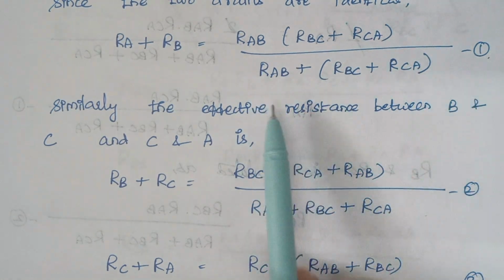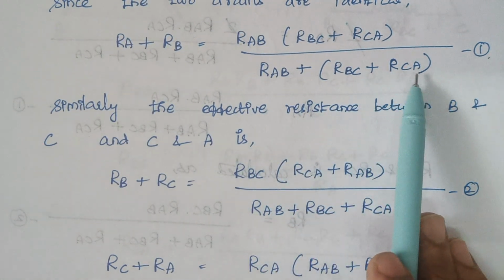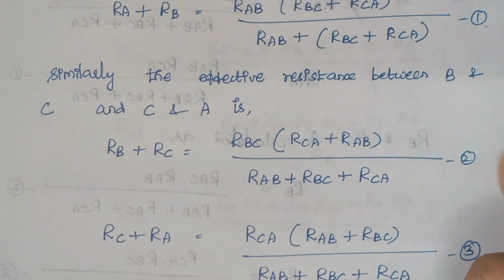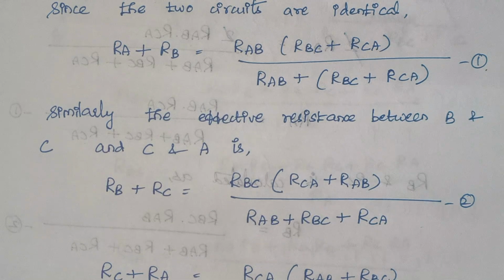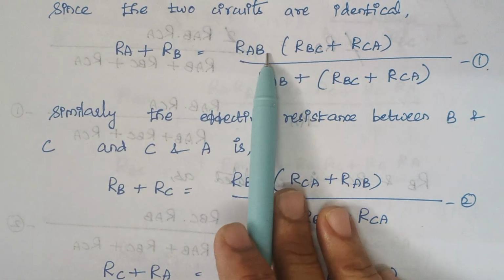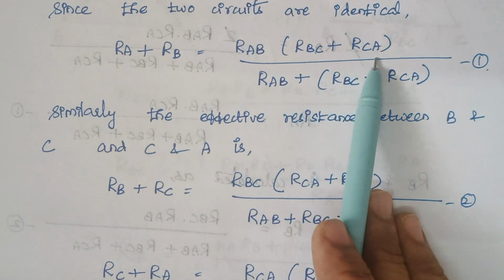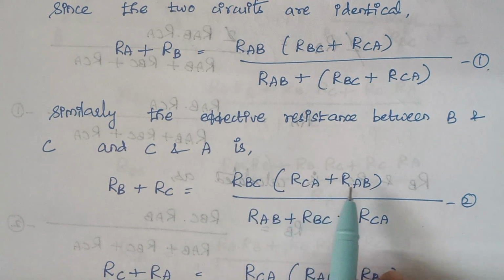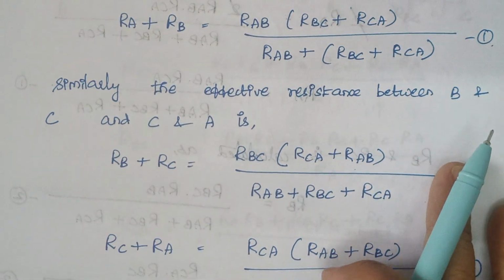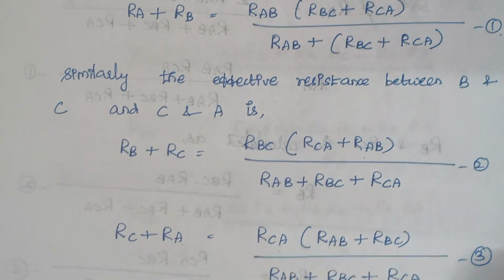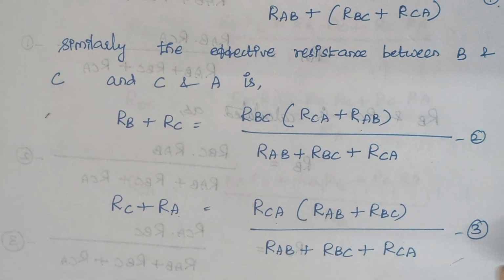The denominator has RAB, RBC and RCA, so all the denominators hold the same expression. Here we have RA plus RB, therefore RAB multiplied by RBC plus RCA. Similarly for RB plus RC, it is RBC multiplied by RCA plus RAB. And here we have RC plus RA, so RCA into RAB plus RBC. Now we have framed the respective expressions.